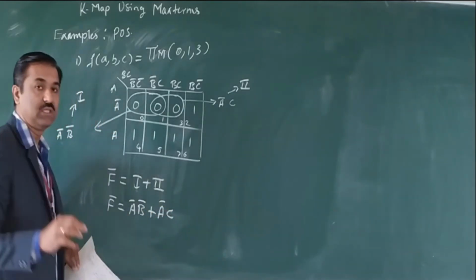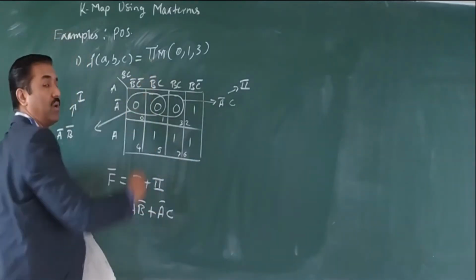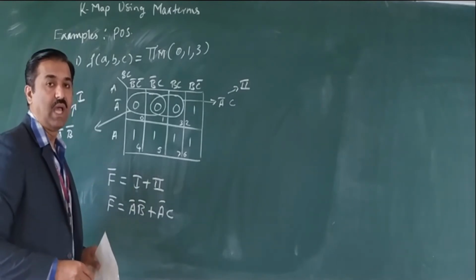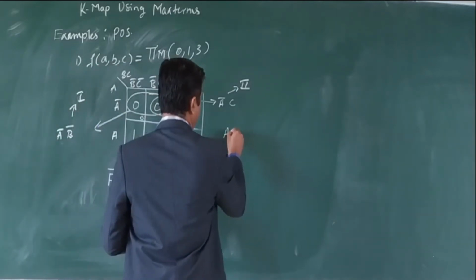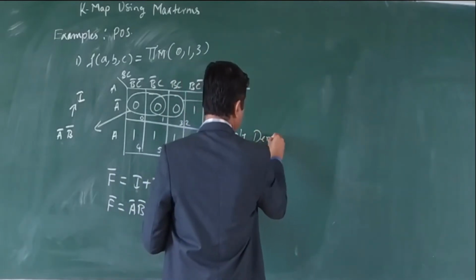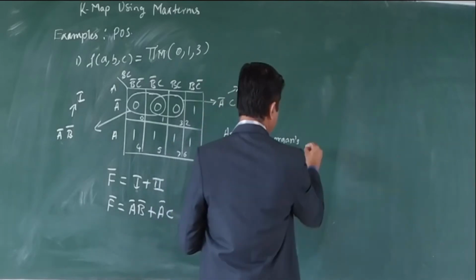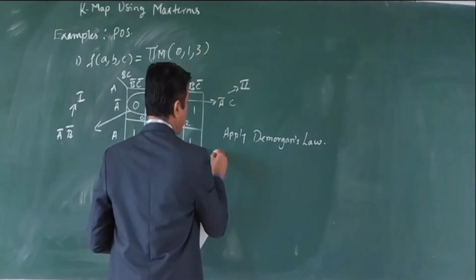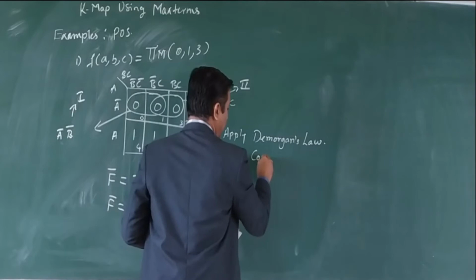Now these expressions are in a sum of product form, but I have to evaluate it in a product of sum form. So what I am supposed to do? Here I am going to apply De Morgan's law.